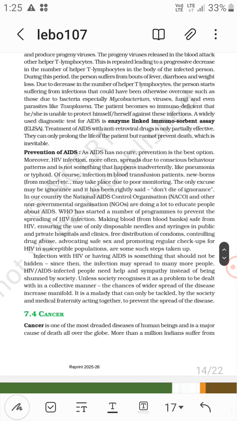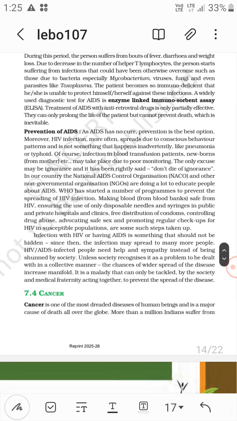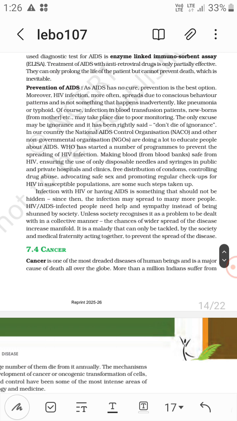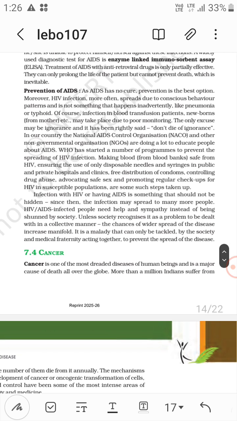There are bodies like NACO, the National AIDS Control Organization, and NGOs, non-governmental organizations, that are doing a lot to educate people about AIDS.